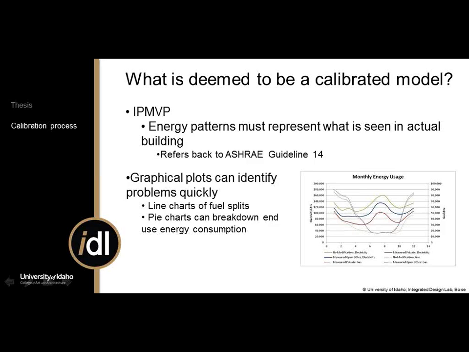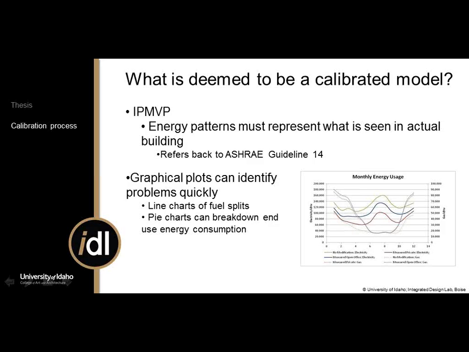Another resource to deem a model calibrated is the IPMVP, the International Performance Measurement and Verification Protocol, and it's Option D, which talks about how to arrive at a calibrated model, and it doesn't say specifics on what the tolerances may be.